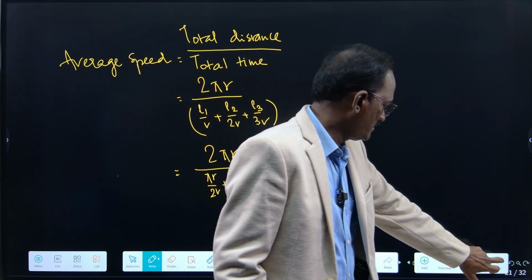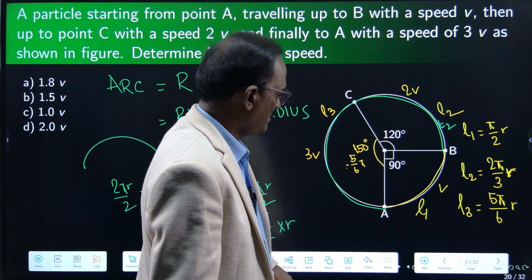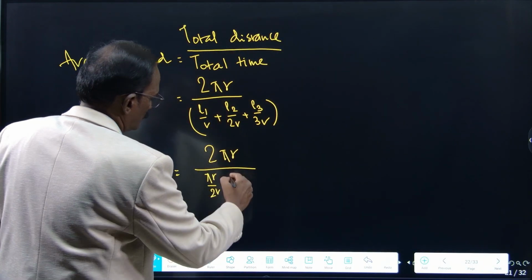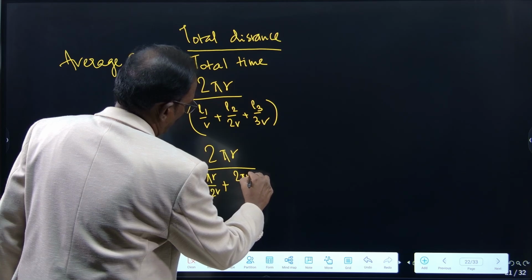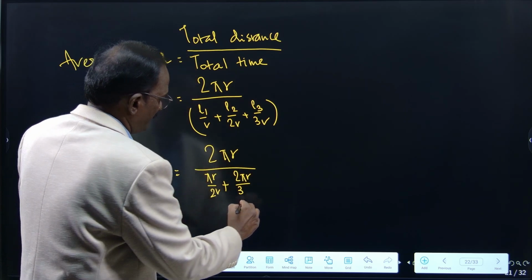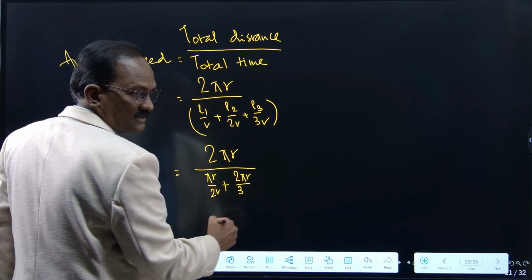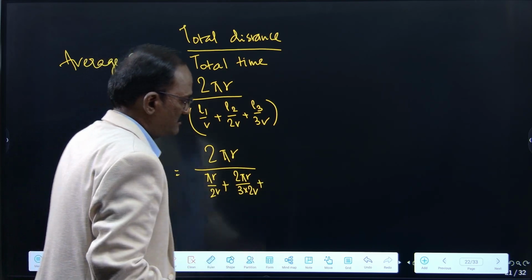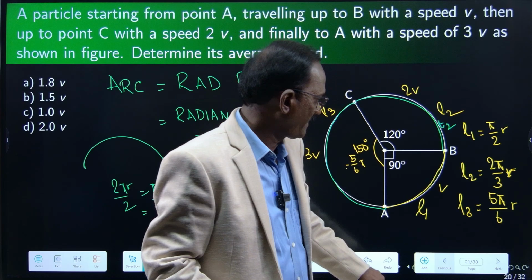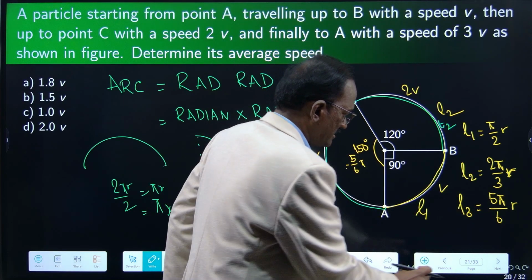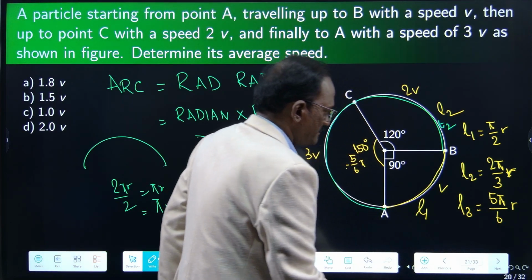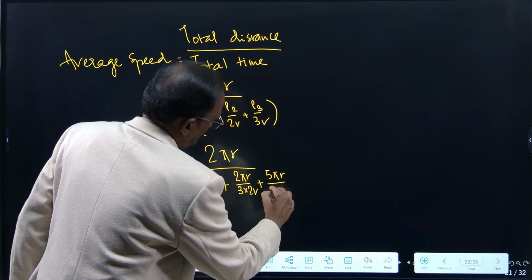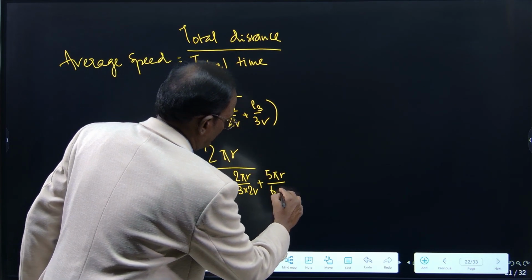Speed is V. Then 2 pi r by 3, L2, 2 pi r by 3. This V. 2V. Isn't it? 3 into 2V. Plus 5 pi r by 6, L3, 5 pi r by 6 into 3v.